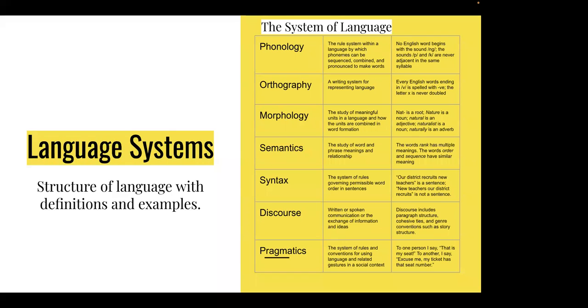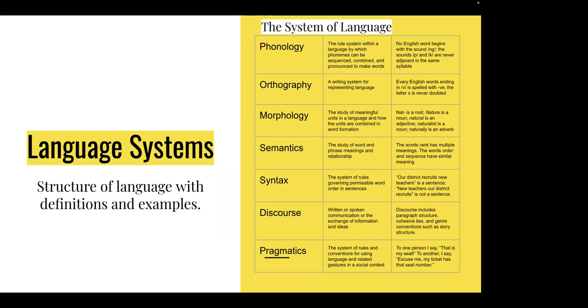Okay, so phonology is the rule system within a language by which phonemes, which are sounds, can be sequenced, combined, and pronounced to make words. No English word begins with the sound ng. That's a sound, right? Those are two different letters, but together they make one particular sound.